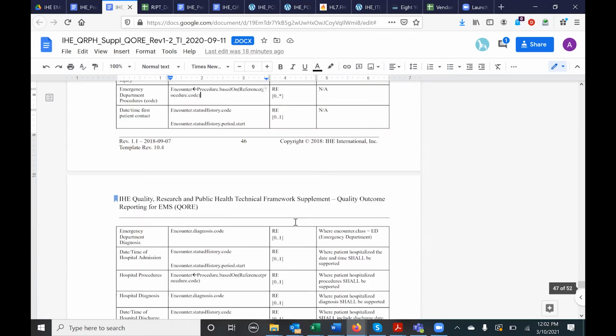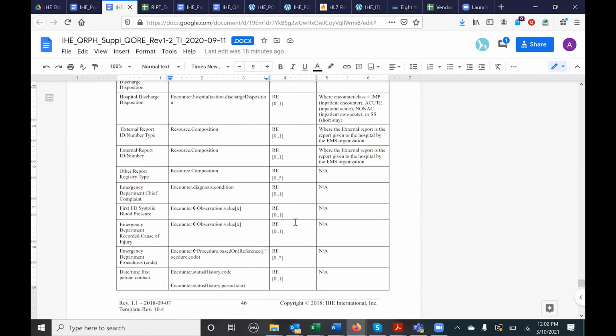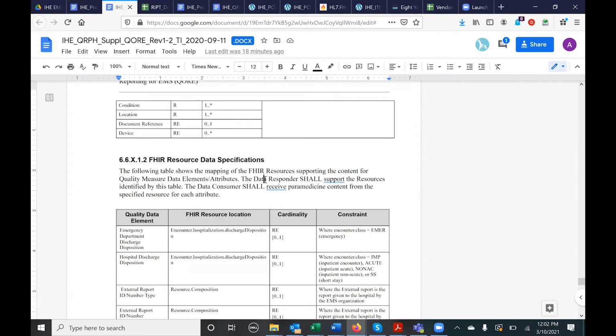I believe this has to do with the use case of closing care inequality. For patient level data, it's basically the detail of the quality metrics, to make sure that what you were doing during your run, this is the outcome for that as well.